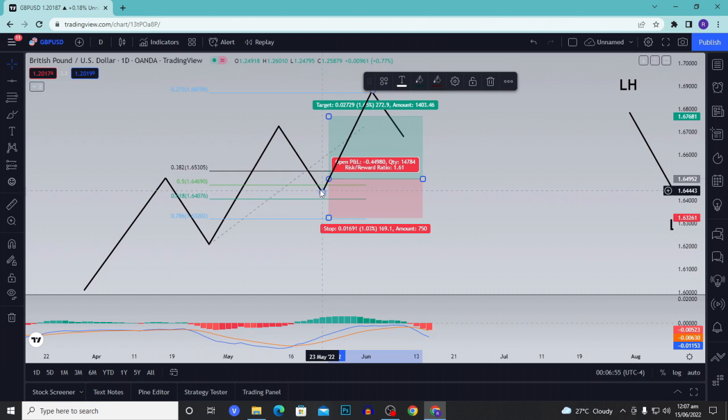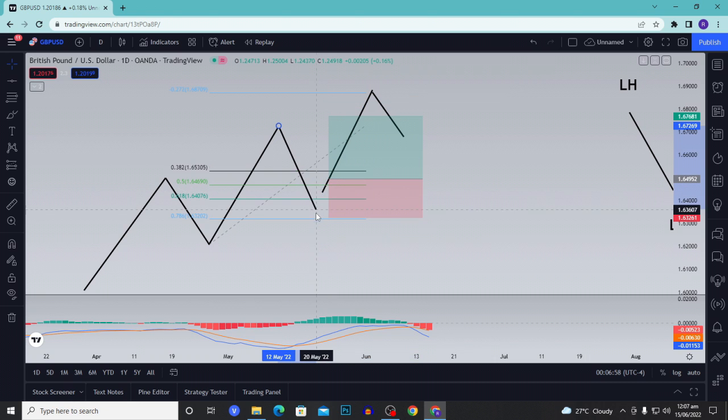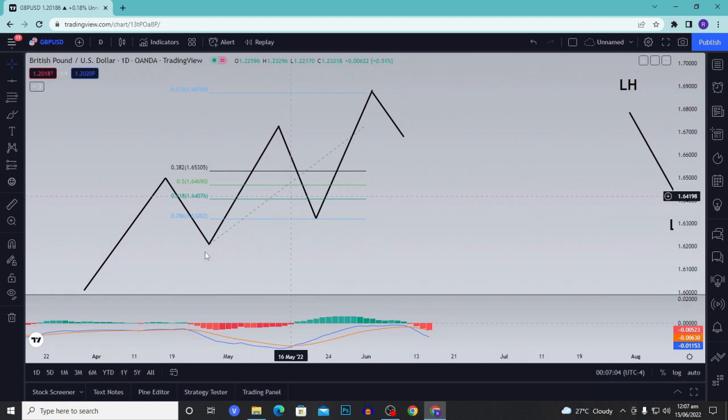Well, let's say that price came down instead of up here. Let's say price came down and bounced off of this 0.786 point.